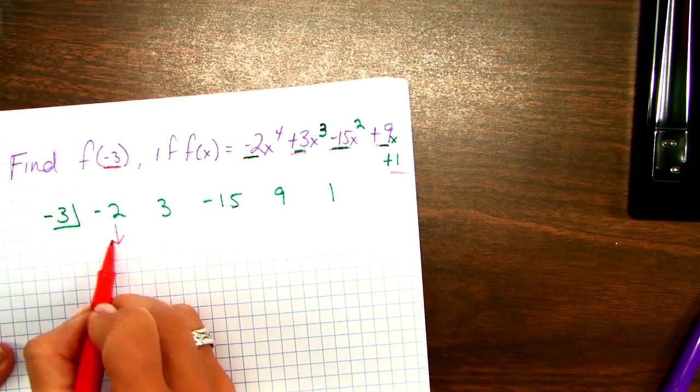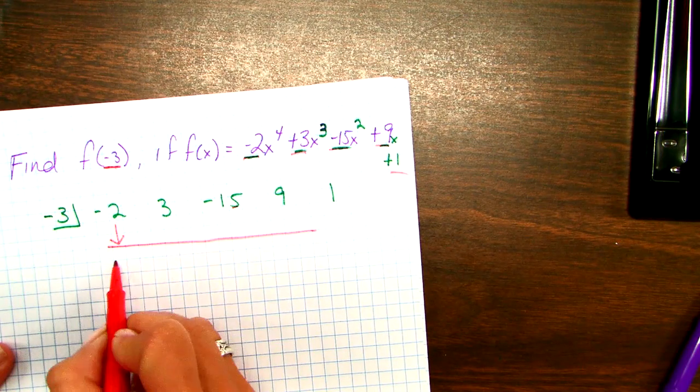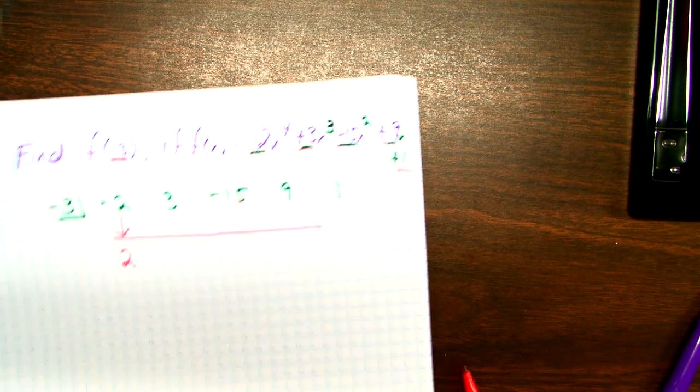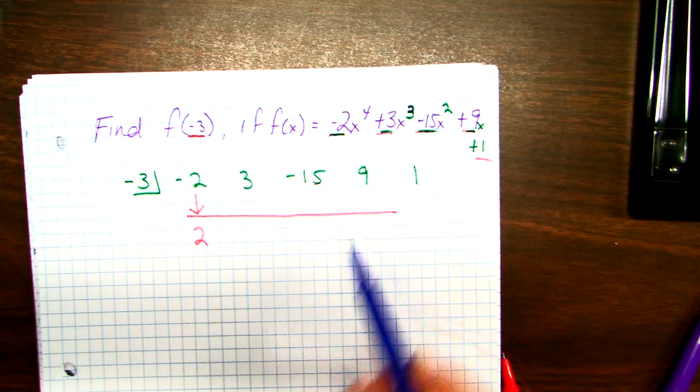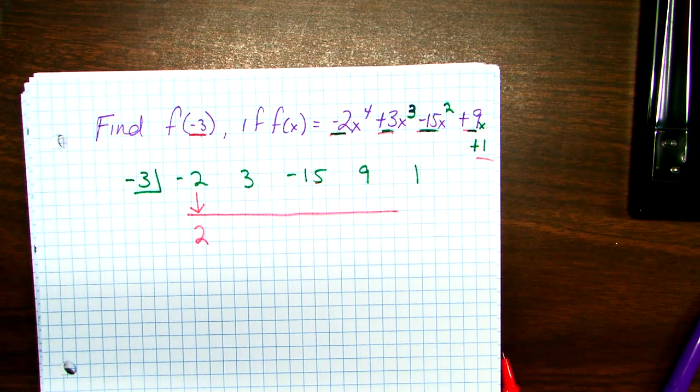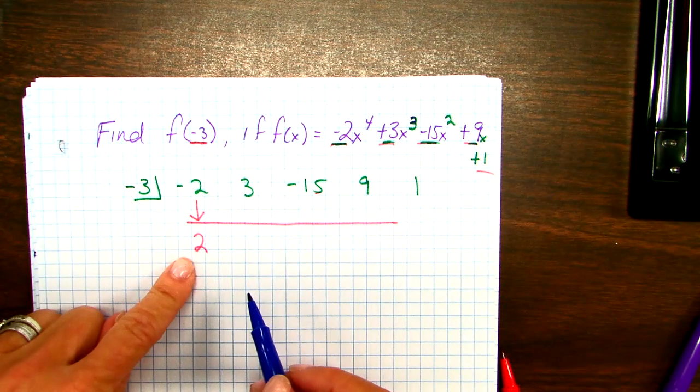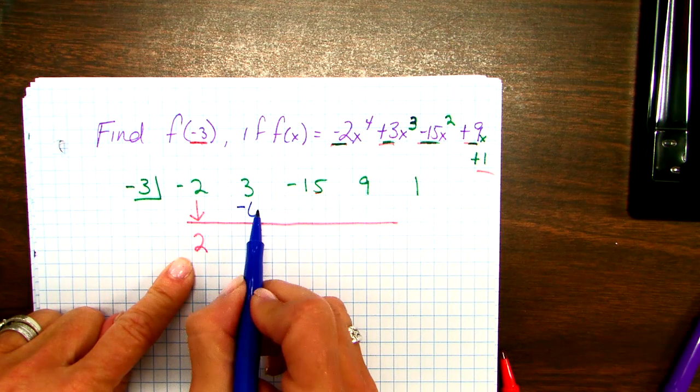And remember the steps. Bring down the first one and multiply on the outside. So multiply -3 times 2. -6 goes there.